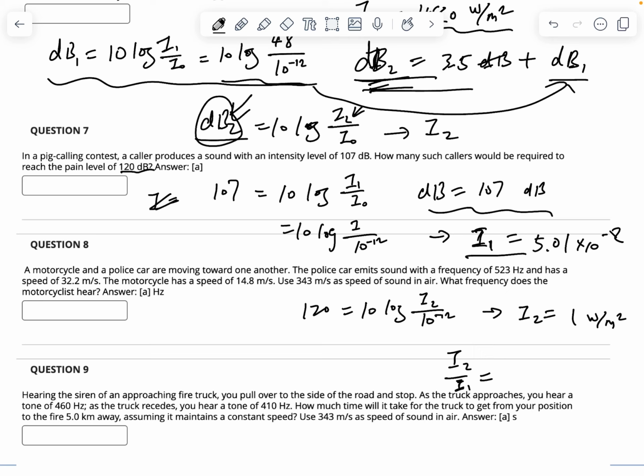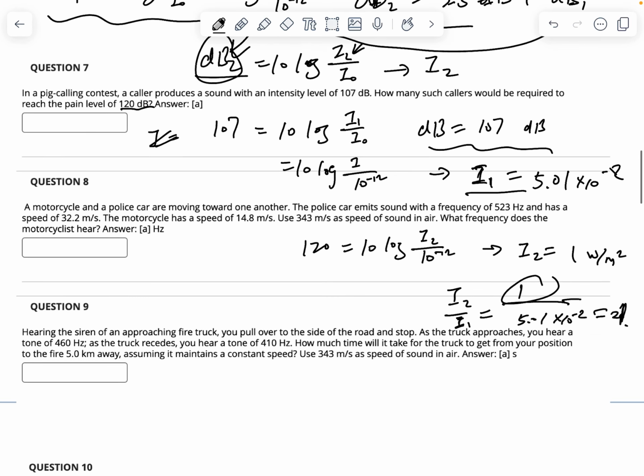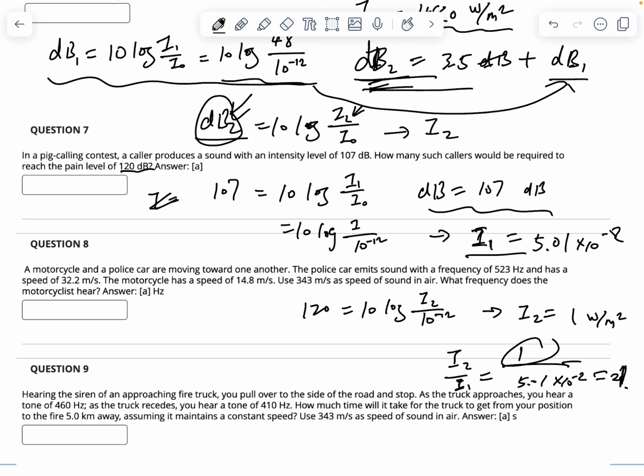So this is 1 over 5.01 times 10 to the negative 2, which is about 20, maybe a little bit more than 20. So let's make it 21, because you have to have an integer number. That's this one.